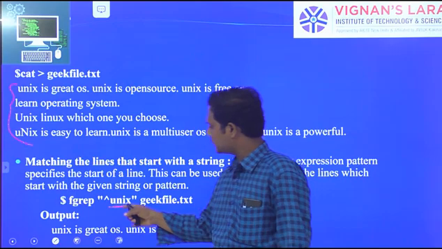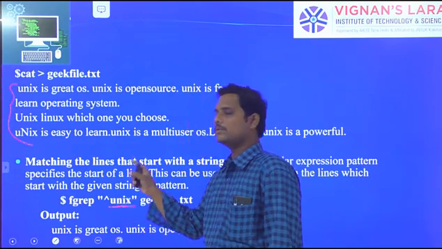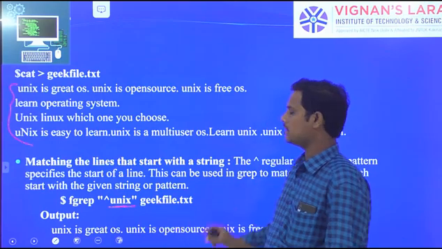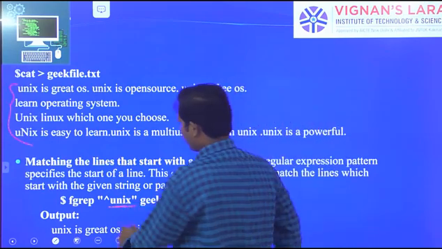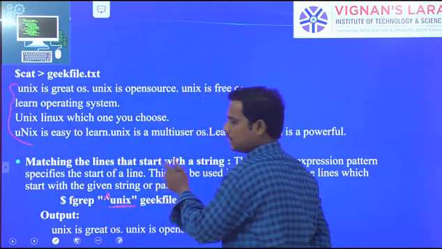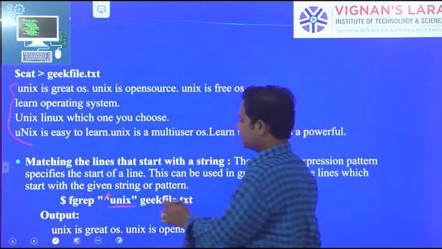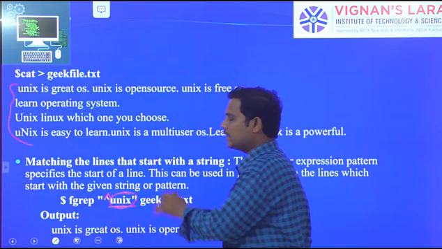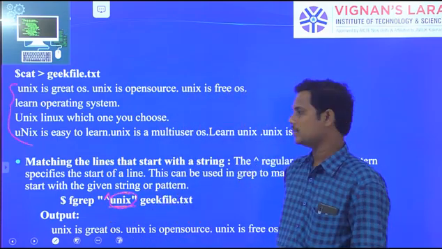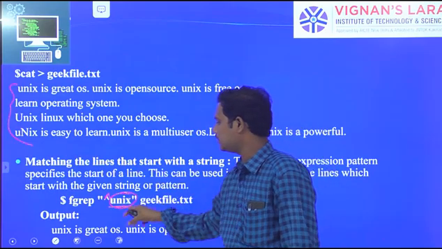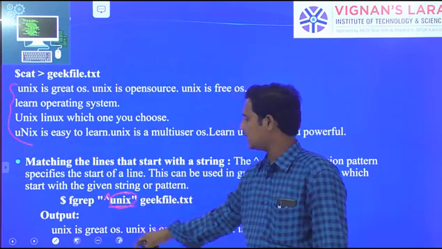If the word Unix, all small letters, is at the start, that line will be completely displayed on the screen. You can see the fgrep option caret. If you are not using the caret, it will not display. If you are using the caret symbol, only the lines starting with the pattern are displayed. So the caret symbol means the line starting with this pattern is displayed.